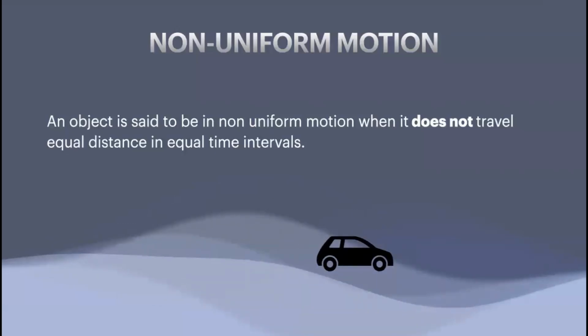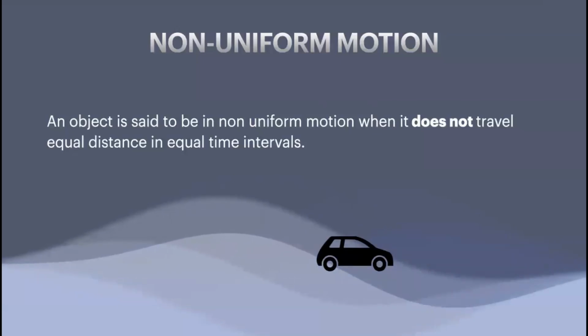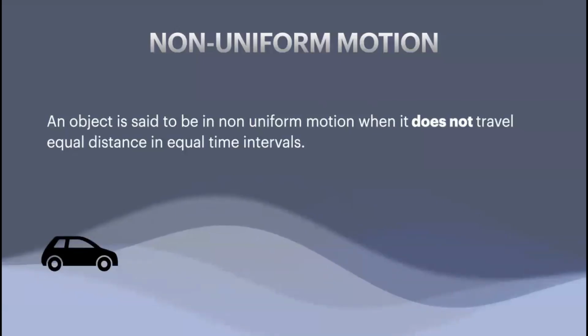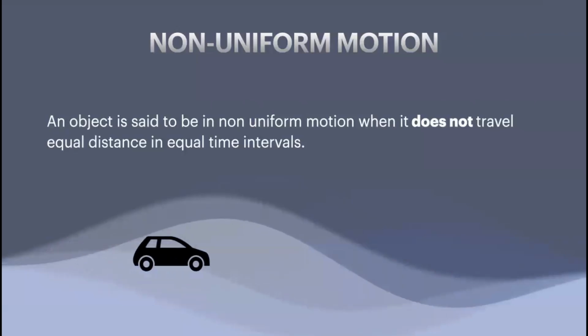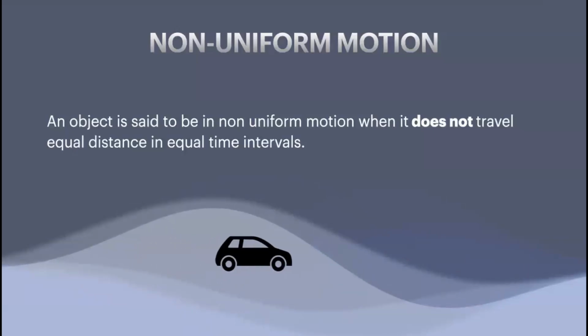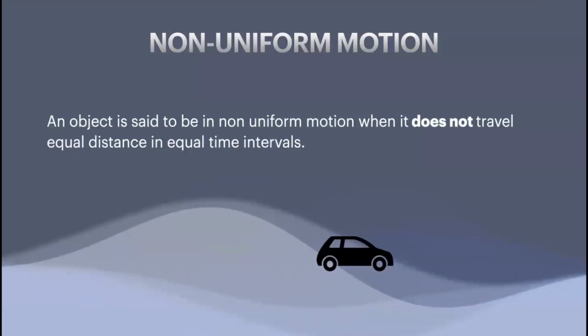Then again it moved fast. If you see, the first part of the distance, it traveled with some medium speed. Next, it slowed down. Next, again, it sped up.